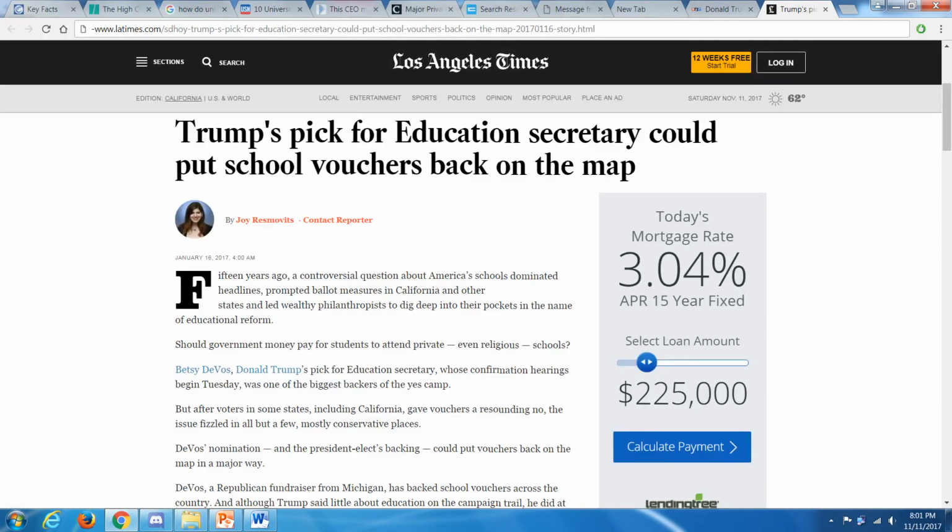Some states in the US do have a voucher system, and Donald Trump and his pick for education secretary, Betsy DeVos, are very big proponents of charter schools or voucher systems, because this way parents have an option: if they do not like the education system in public schools, they can take their kids to private schools and they will be issued a voucher which can be used to pay for education in private schools, and of course the balance they will have to pay out of their pocket.